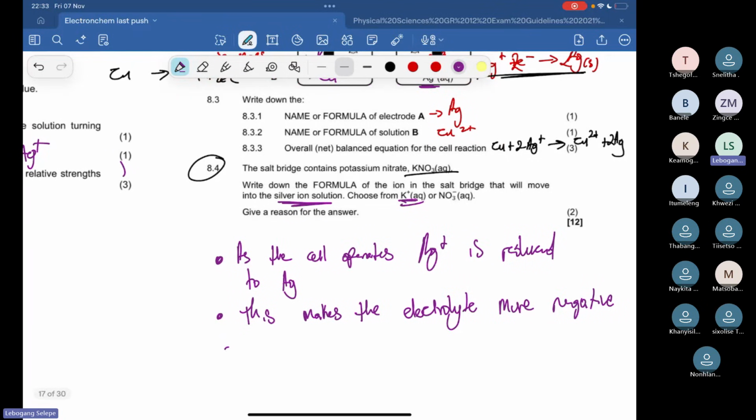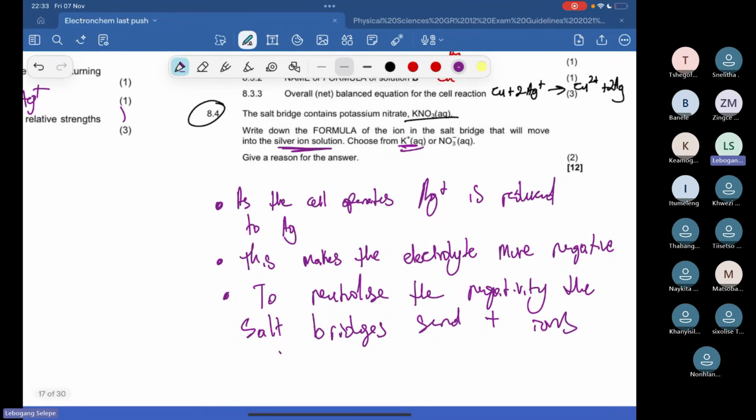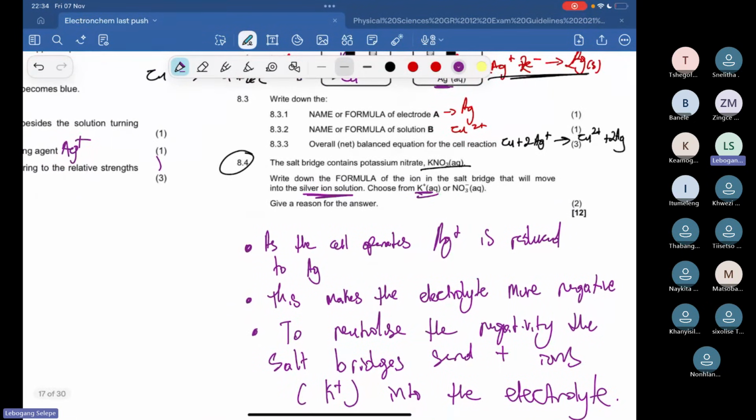So to neutralize the negativity, the salt bridge sends positive ions, in this case potassium ions, into the electrolyte. I don't know how the mark allocation will be, but this is how I would explain it. Is it making sense, guys?